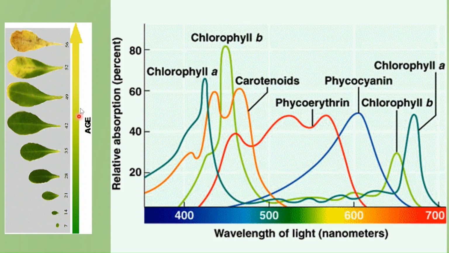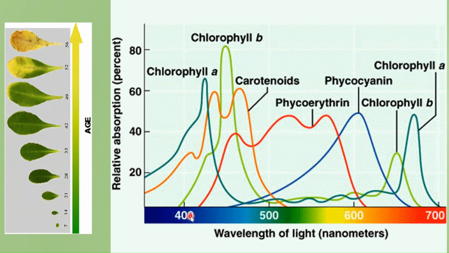But as senescence starts, the chlorophyll A and chlorophyll B concentration decreases, and the color which we see is mainly because of the carotenoids, which have strong absorption in the blue wavelength, giving a mixed reflectance pattern in the green and the red wavelength range.